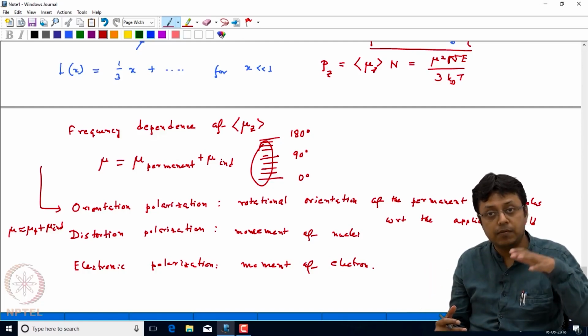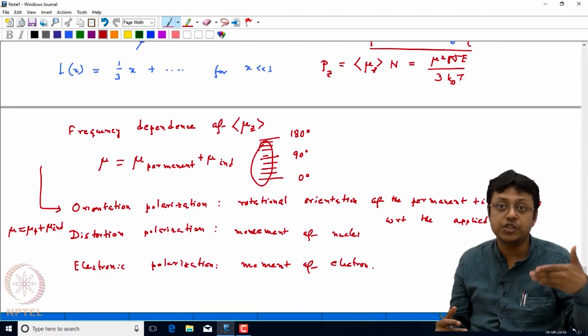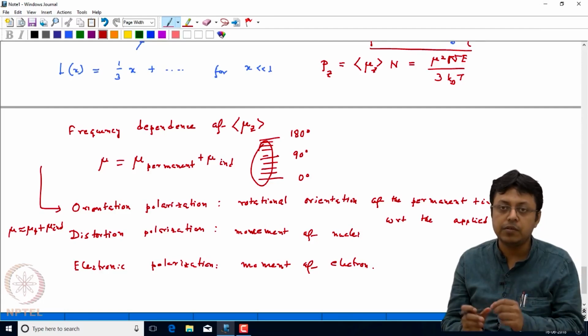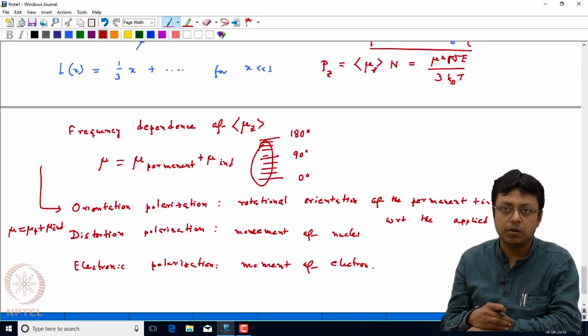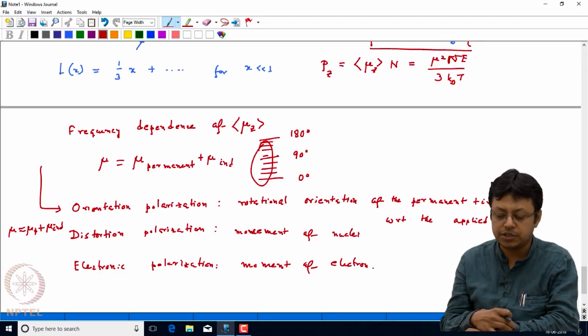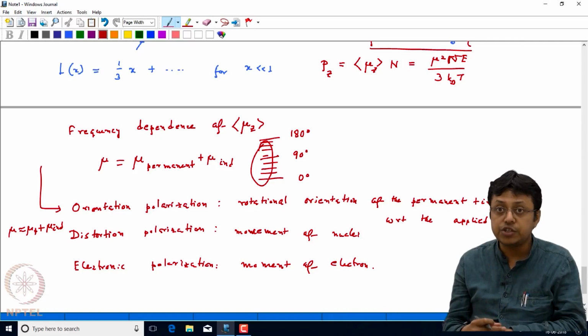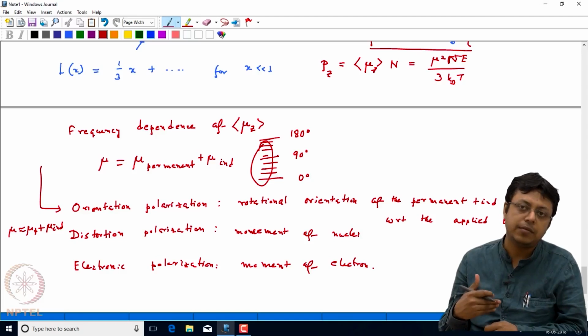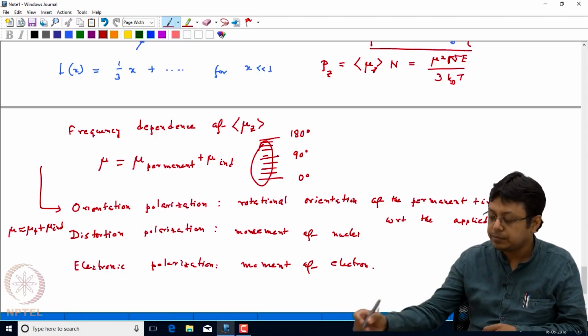But the moment I sweep my frequency to a higher side, I'll first see the orientational polarization vanish, because it is too fast for the molecule to rotationally align with the field. And then if I keep on increasing the field frequency above some particular frequency, I will see the distortion polarization also vanish, and then eventually the electronic polarization also vanishes, but that will happen at a very, very high frequency.